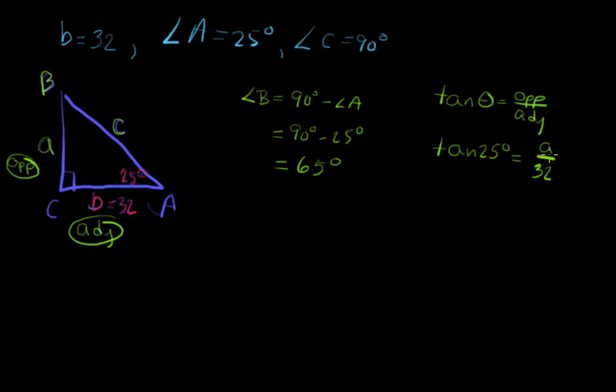So to undo dividing by 32, we multiply by 32 on both sides. 32's cancel out, and we're left with side A equals 32 times the tangent of 25 degrees. Now typing that into our calculator, we'd go ahead and get that A equals 14.9.